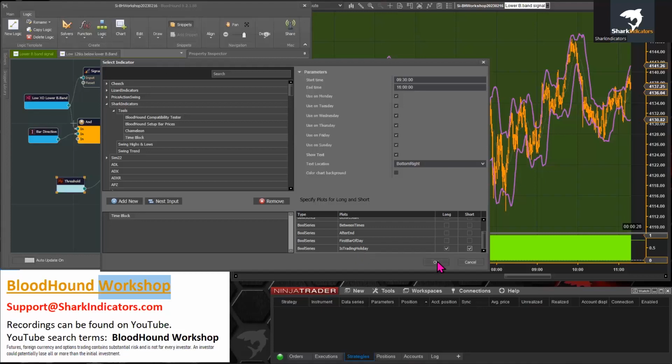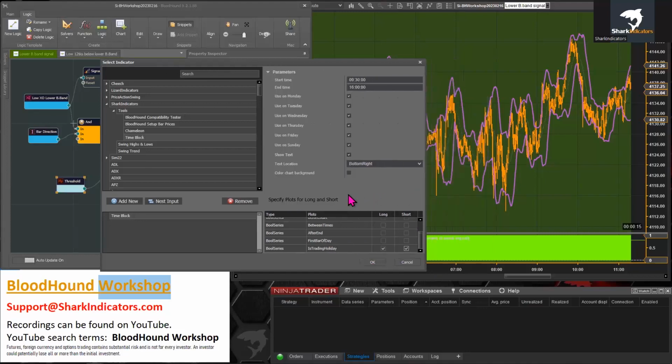I think it's probably common knowledge that holidays are the worst days to be trading on, because markets are really thin, low volatility, thin markets. So it's probably a safe bet to assume most systems don't work well on holidays.